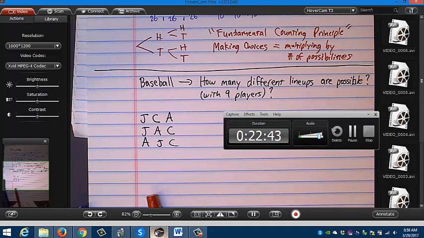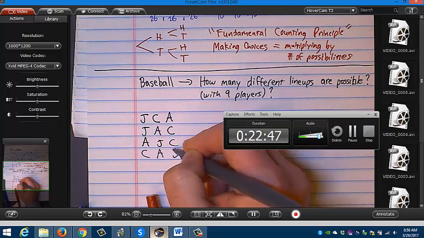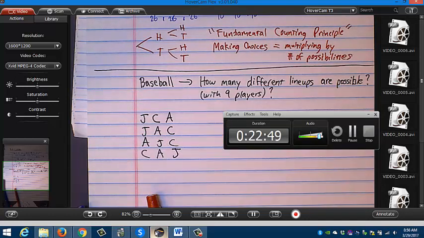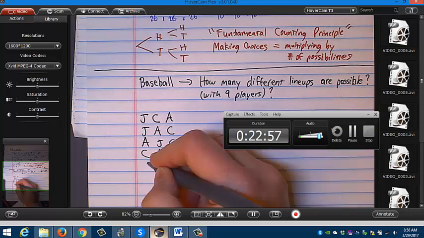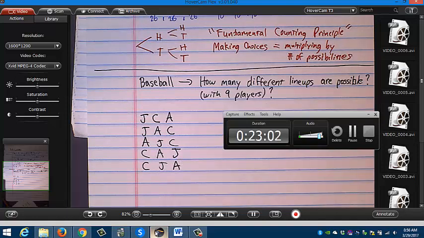What is this? CAJ. Are there any other possibilities? How do you know? CJA. Oh, yeah, we have to be careful here. CJA is another possibility. You have another one? Let's see it.